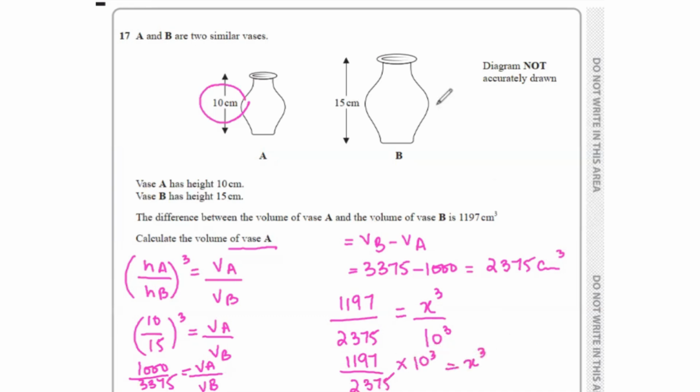Now x cube is your volume of vase A. So when you multiply the fraction by 10 cube, what we get is 504. So that's your answer.